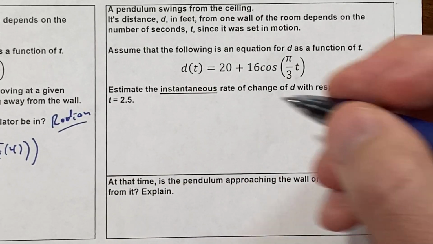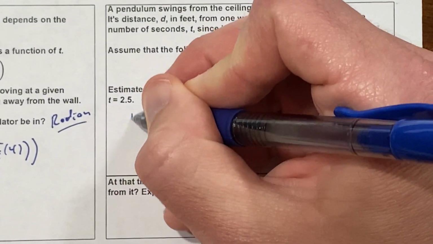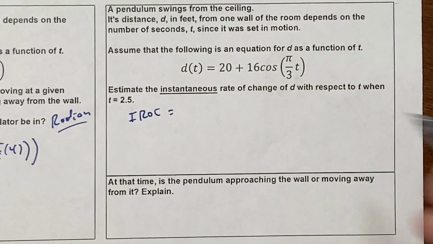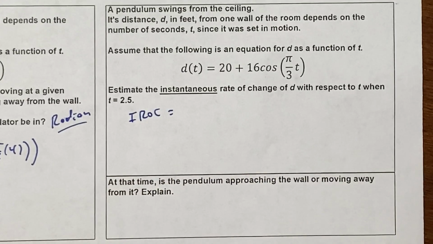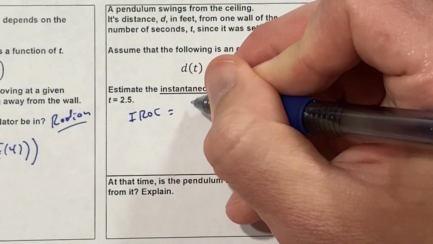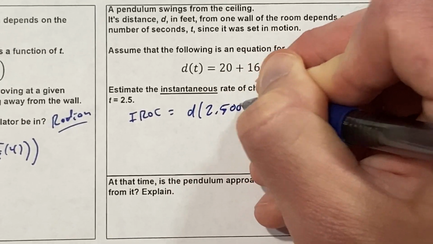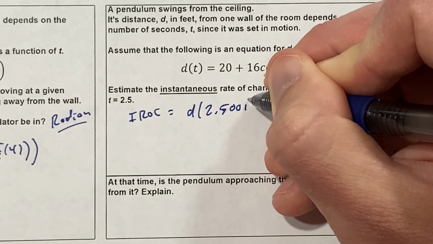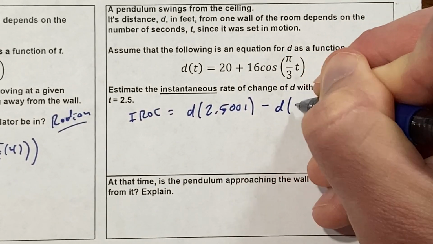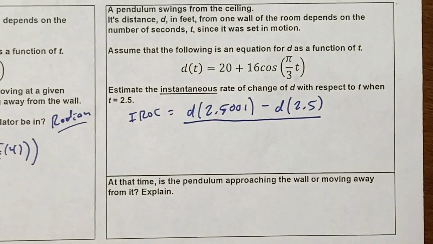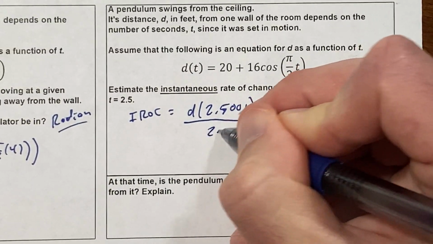So I'm going to write it like this. Let's write instantaneous rate of change. And I'm just going to choose like 2.5, and I'm going to throw some zeros and a 1 on there. So d of 2.5001 minus d of 2.5 all over the time interval.